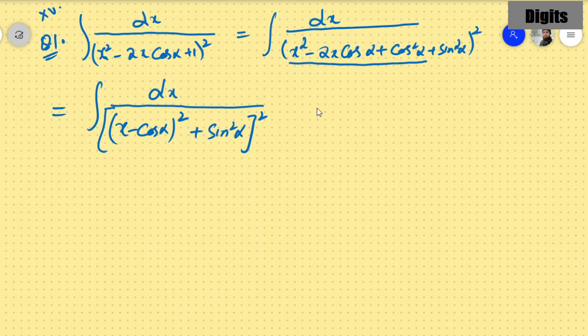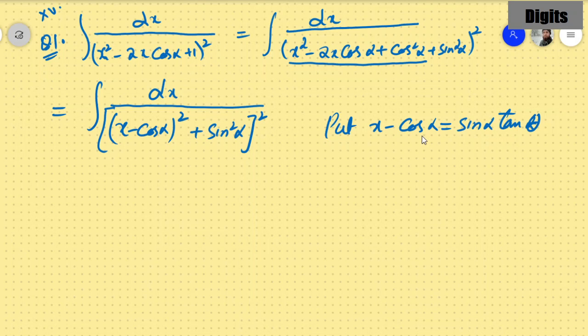Now put x minus cos alpha equal to sin alpha tan theta.